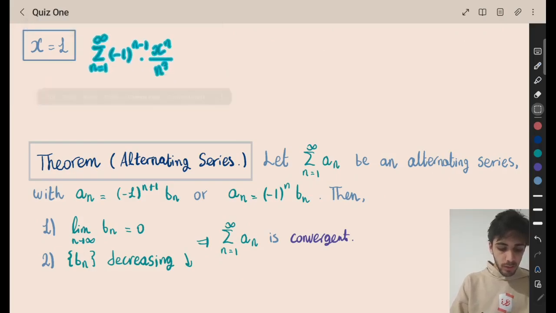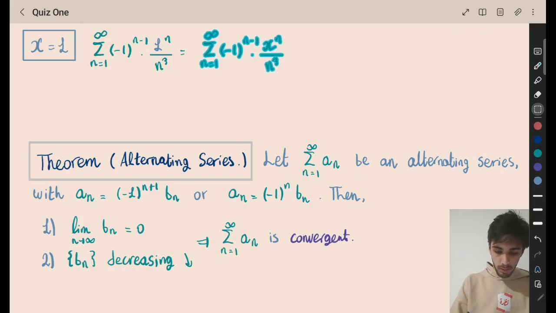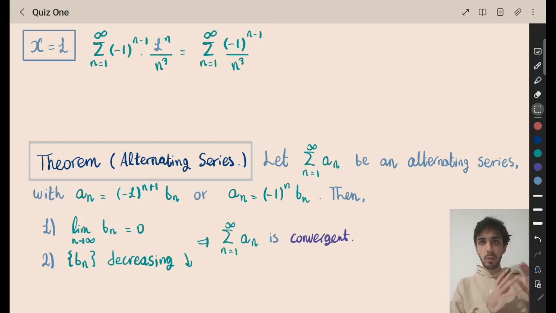So to find the series that I get for x is equal to 1, it is enough to plug in this 1 here. And I will leave it as it is for emphasis. And then write this as follows. I mean, we should agree on the fact that 1 to the n is just 1, and we can pretend that it's not there. I hope that it's not too difficult.